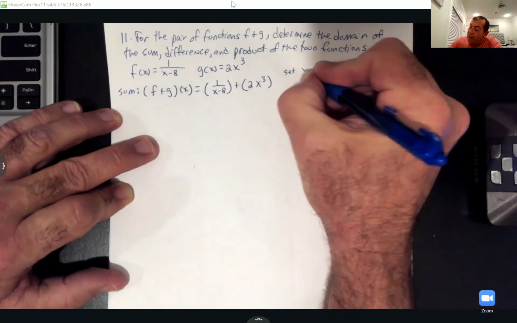There's only one number that kills me, and it's that fraction if I put in that 8 again. So notice, they're all setting up the same. That's why they're all going to have the same domain, basically. So for the third time, x cannot equal 8. So y'all, x such that x is a real number and x cannot equal 8.